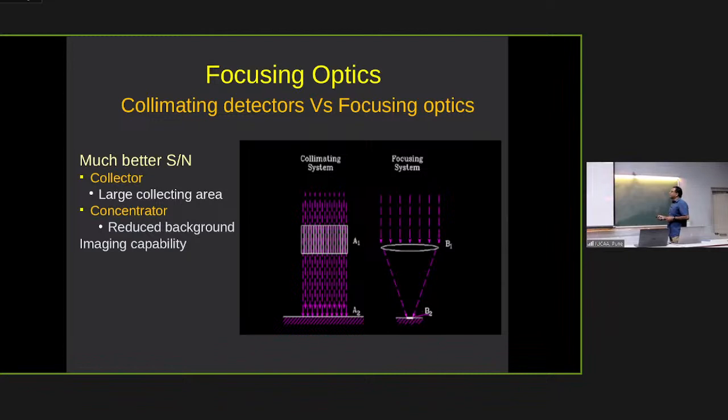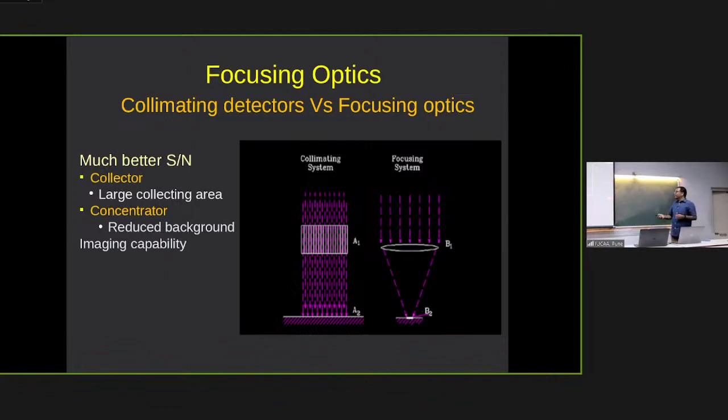And there are certain advantages. First of all, with X-ray optics you can have a large telescope, collect a large number of photons, and then focus them onto a detector. Because your collecting area is large, you are detecting many more photons.